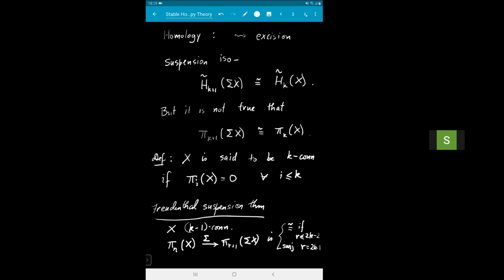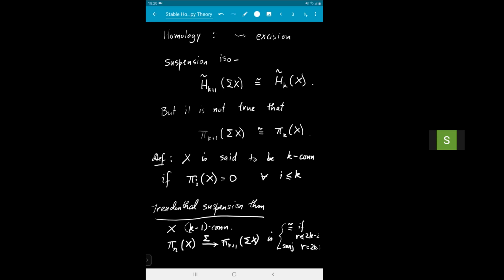But the analogy is not just with the suspension isomorphism. If you look at the statement of excision, there is a statement about homotopy groups also, which mirrors the statement for excision for homology, and that is called the Blakers-Massey theorem. I will not write that. I don't want to enter into a discussion on that.